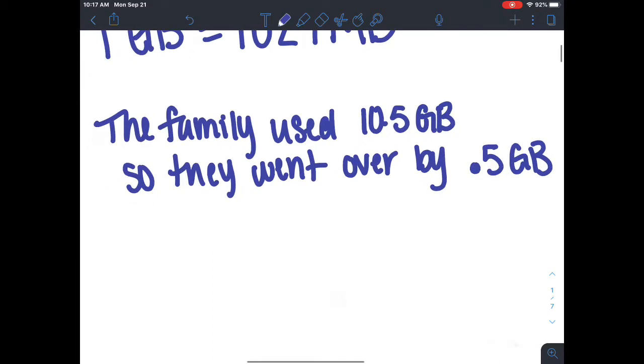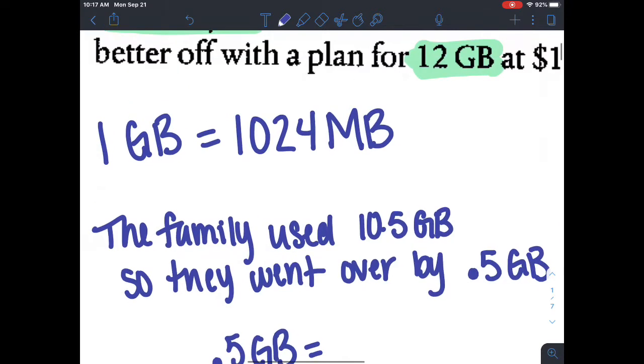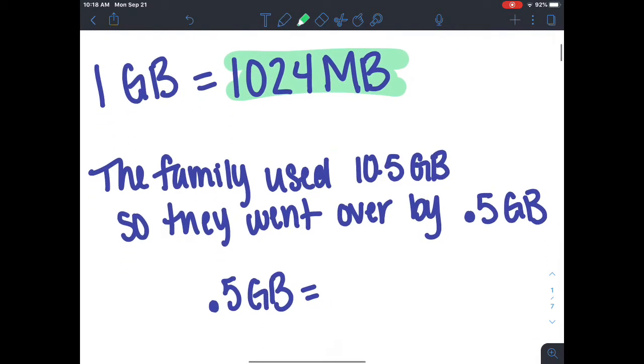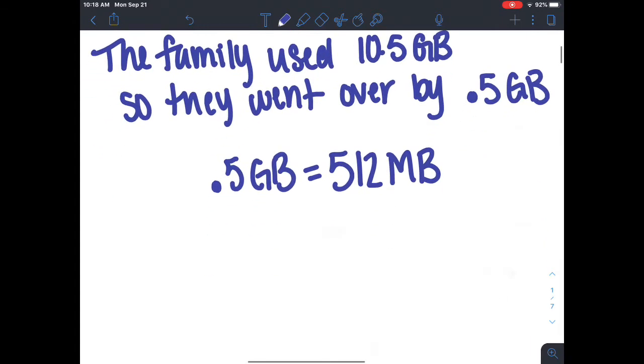So 0.5 gigabytes, half a gigabyte, is going to be equal to half of this megabyte number. So I'm going to divide that in 2, and I get 512 megabytes. So that's how much they went over.